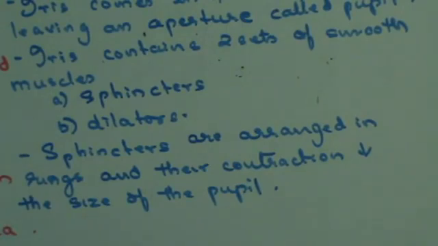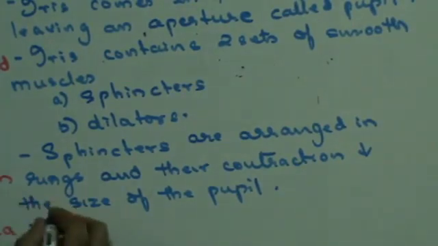So as a result you would have less light entering the eye, right? The dilators are arranged in a radial manner.